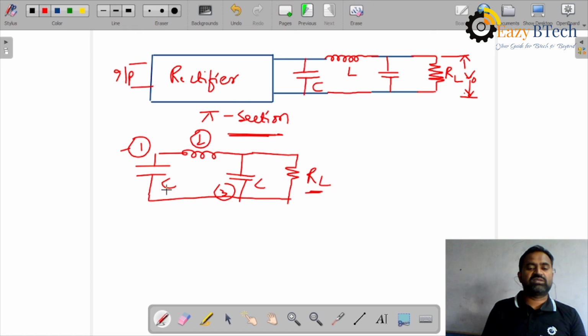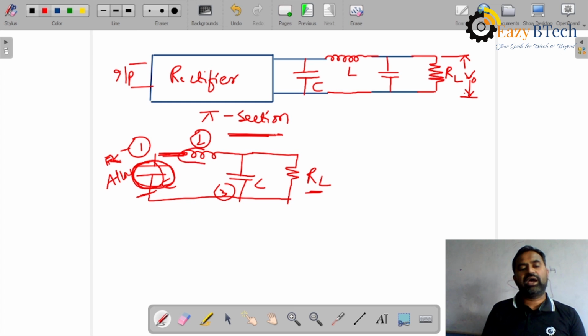In the first stage, what does the capacitor do? The capacitor will block DC and allow AC. Whatever the output of the rectifier, the AC portion is there. All the AC portion can be occupied in this capacitor. The capacitor stores that value, and the DC is allowed by the inductor.